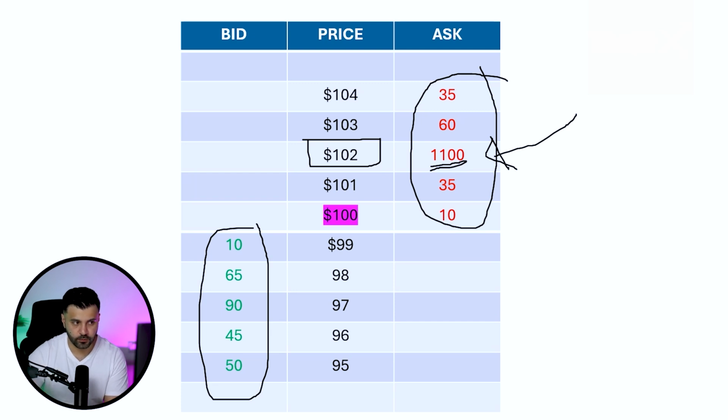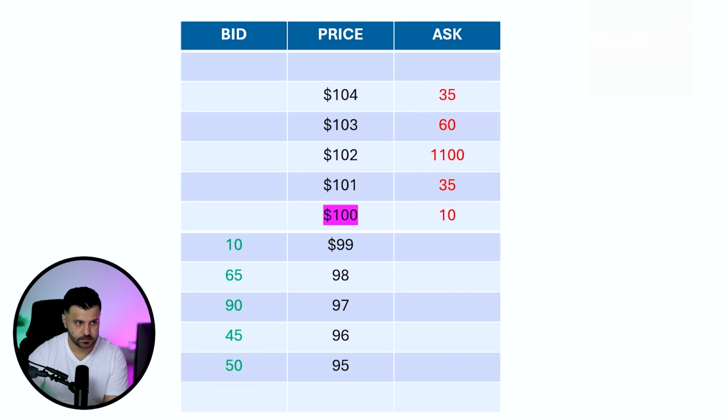So you can see prior to that, 35.10, the book is quite thin on the buy side, but we have this huge order stacked at 1,100. A lot of people would look at that and say, that's a pretty safe place to put an order in because it's obvious resistance.